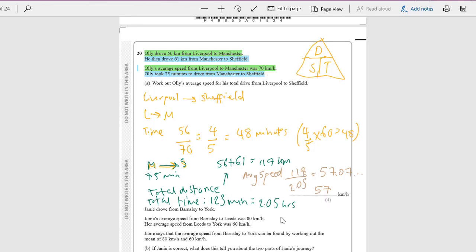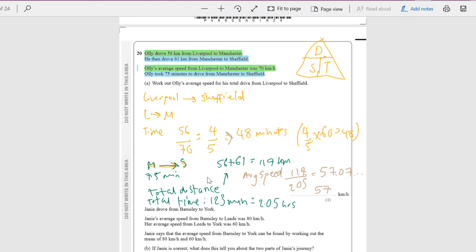So just to recap, essentially what we've done is we know that it travels 56 kilometers. And the average speed from Liverpool to Manchester was 70 kilometers, which is 4 over 5. And we know that 4 over 5 times by 60, because we're dealing in hours here, so 1 hour is 60 minutes, gives 48 minutes. That's how we got that.